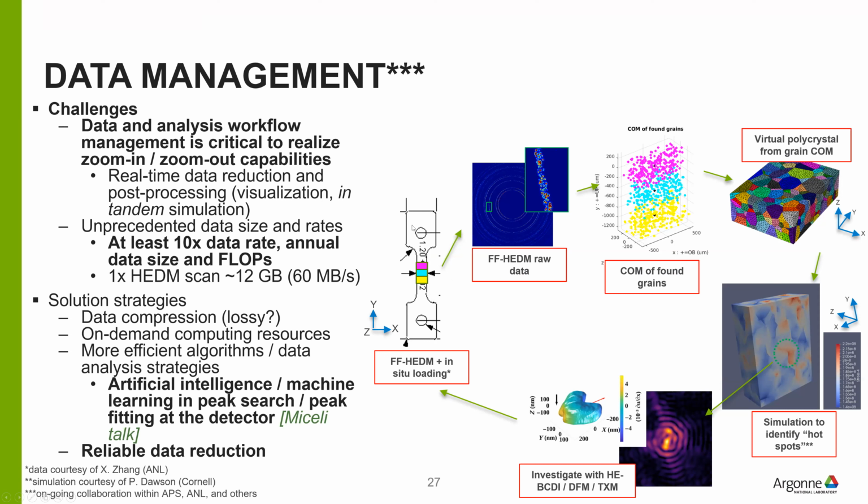The idea being that when we have a tension sample like this and we pull it, we get this raw data, we immediately analyze it, and we process it into a virtual polycrystal. We can maybe even simulate it or identify interesting points in the sample, and then use the zoom in method to investigate these hot regions further, and continue this process as we go.